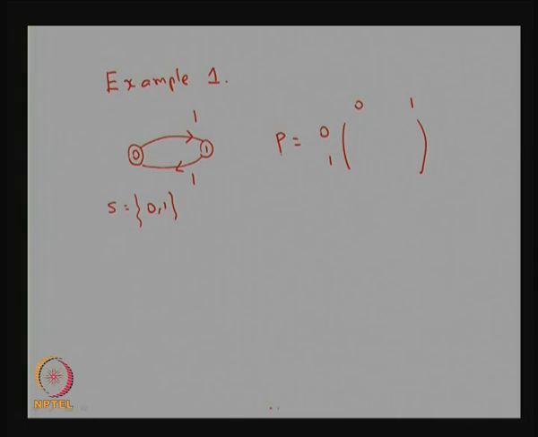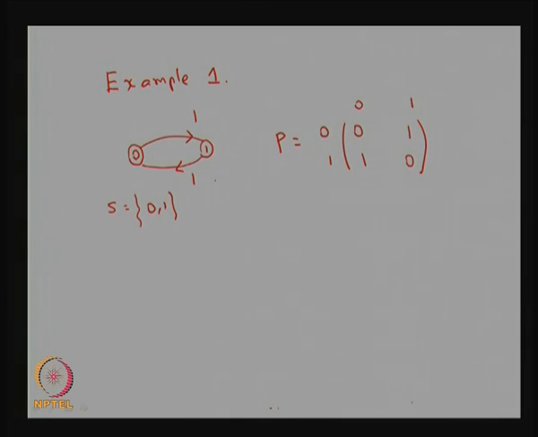So, this is the one step transition probability matrix and this is the state transition diagram, both are one and the same. So, 0 to 0, that probability is 0, 0 to 1, that probability is 1, 1 to 0, that probability is 1, and 1 to 1 is 0. Now, we can find out whether these states are recurrent or transient.